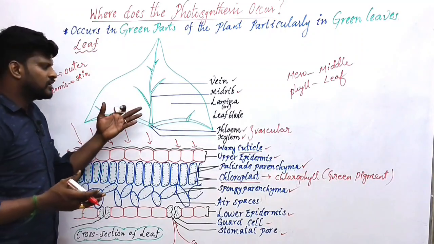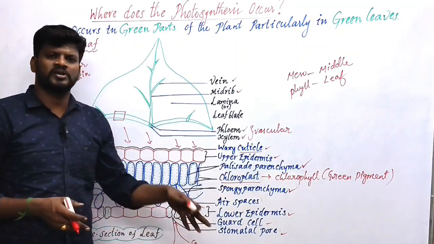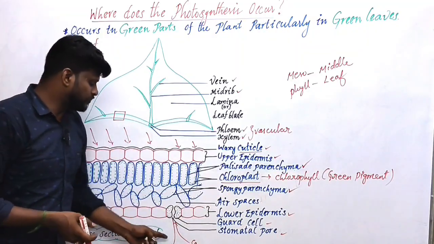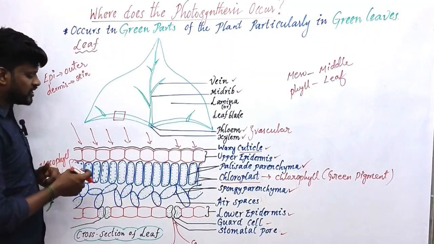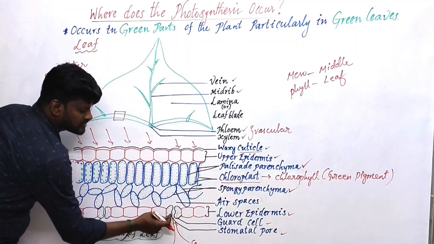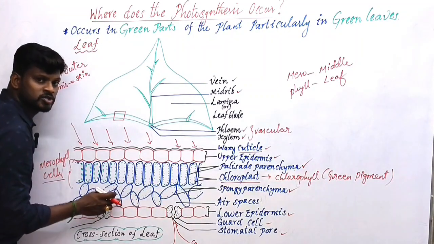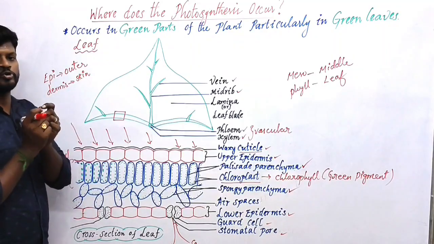During transpiration, the excess water is released to the atmosphere in the form of water vapor. So it plays a very important role in exchange of gases. See, you can see here the guard cells also have chloroplast, which I have indicated with the green dots. So guard cells are also capable of photosynthesis.